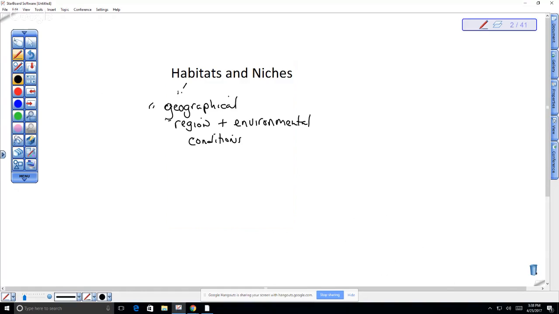So those could go hand in hand. For example, if we're talking about the tropics, rainforests tend to be near the equator. That's their geographical region, and they tend to be very moist and have lots of rainfall, and that would be an environmental condition. Whereas a niche, and sometimes Europeans say niche, is the totality of a species' environmental requirements.